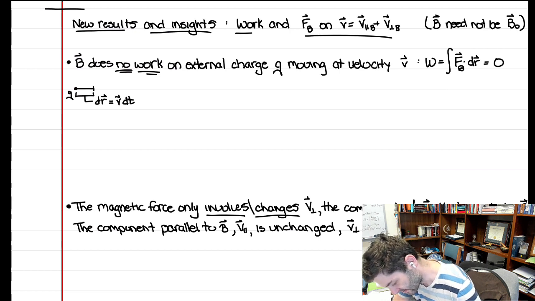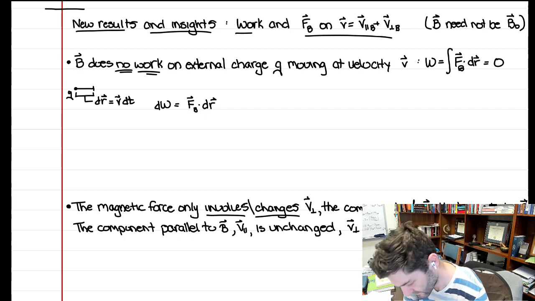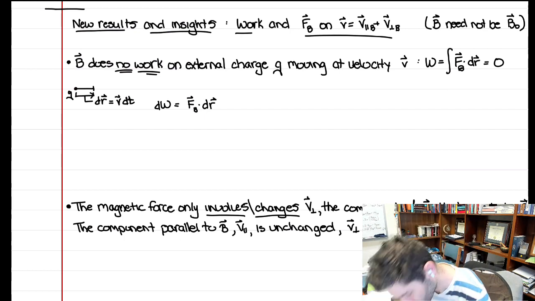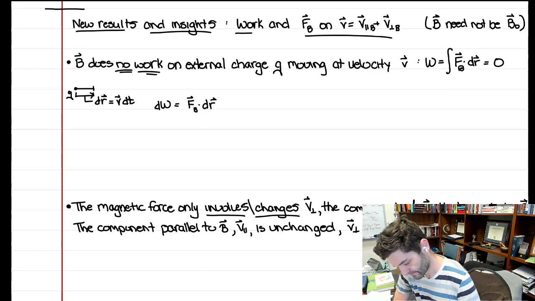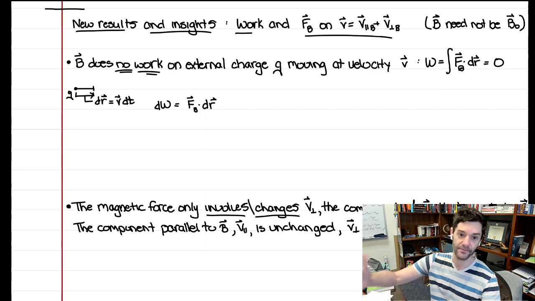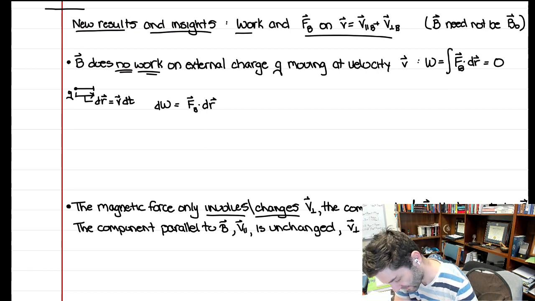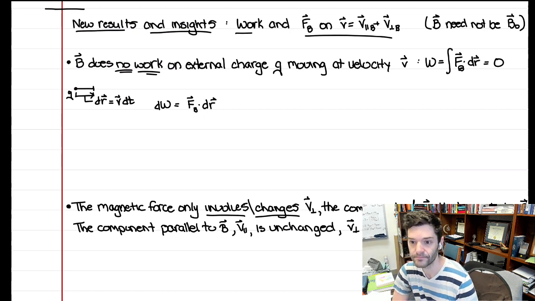So a small amount of work is going to equal the magnetic force that's acting on you at that time dotted with this vector dr. And this is a vector, I should write this as an arrow. Of course, once I can write this down for every individual step, I then integrate the entire thing. But we don't need to do that because I'm about to show that this itself is 0.